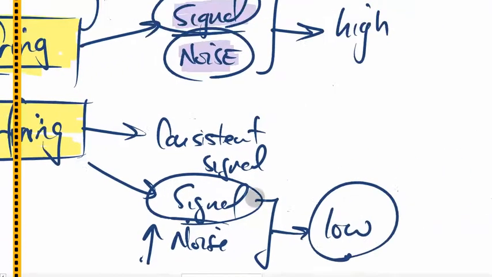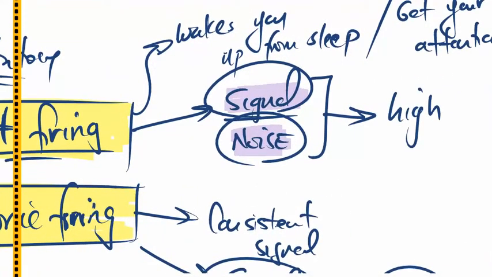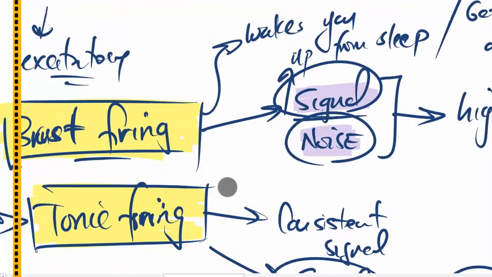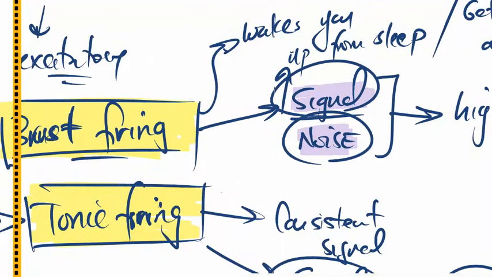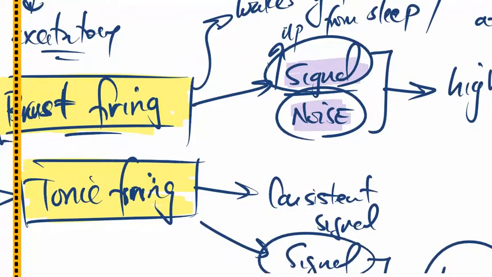Whereas for the burst firing, the signal to noise ratio is high, meaning the signal is pretty high and the noise is not all that high, so you could actually hear me very well. So what you're hearing is a clear signal. That's the signal that gets your attention, because the tonic wouldn't get your attention. It's still the same thing.